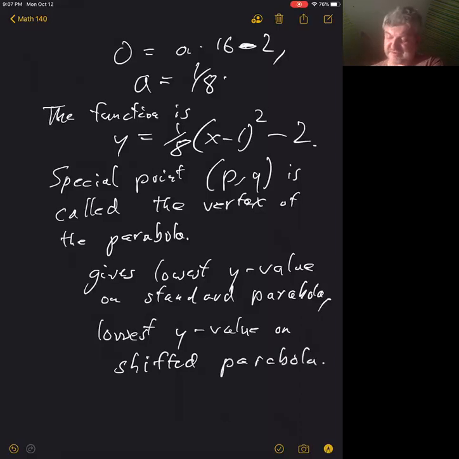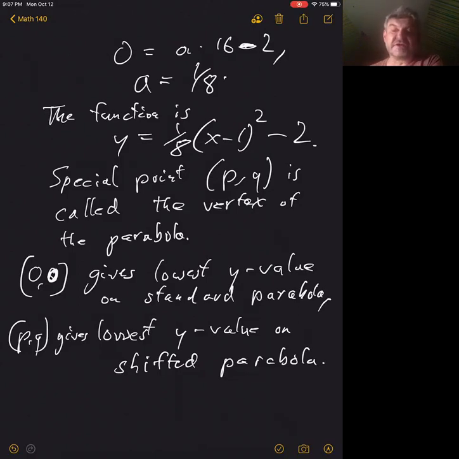I should make that clear. It's the 0, 0 that gives the lowest value on the standard parabola, and p, q gives the lowest y value. It's the lowest point on that graph, the lowest y value on the shifted parabola.